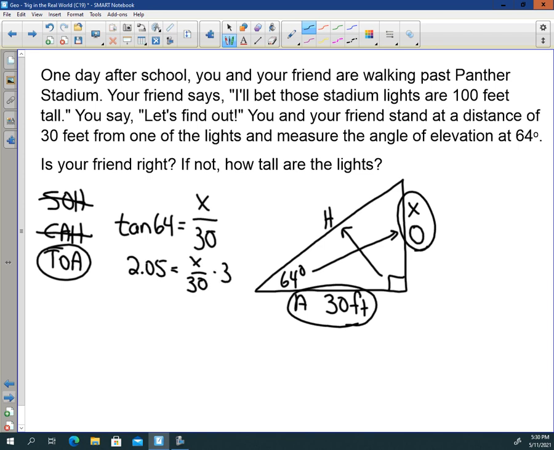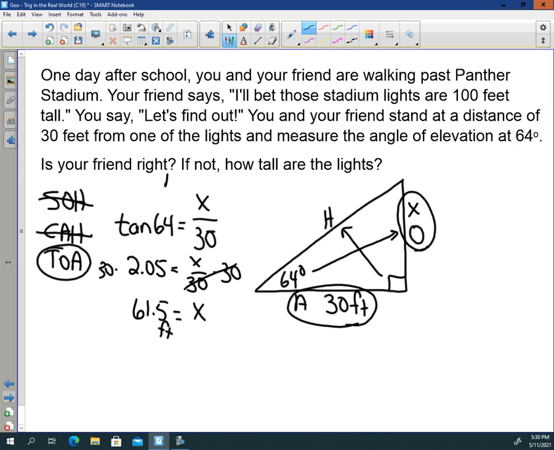Now let's multiply both sides by 30. And these cancel, and we get 30 times 2.05 on this side for 61.5 equals x.